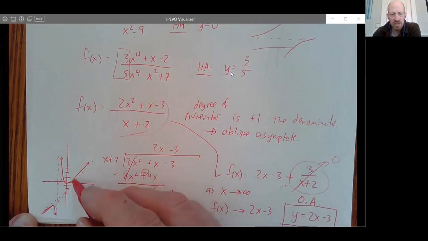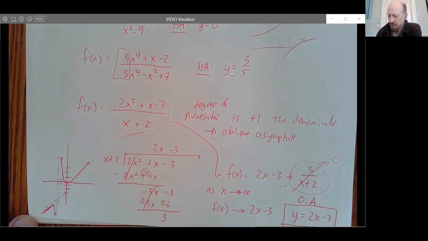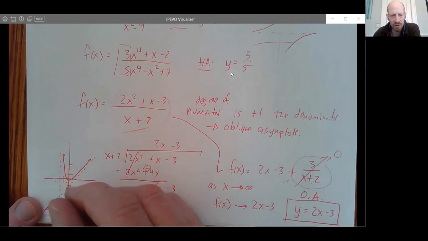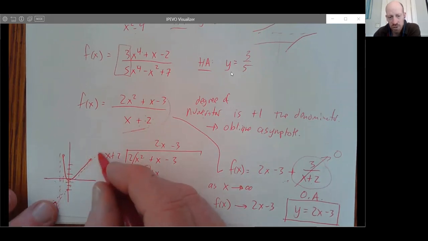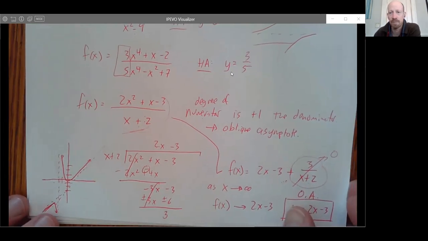Still a function, but you see how it's getting closer and closer to this line as the x values get farther and farther out in both directions. Again, other things could be happening here. It could be going up and down or have some other asymptotes. But eventually it's going to approach this line, y equals 2x minus 3.